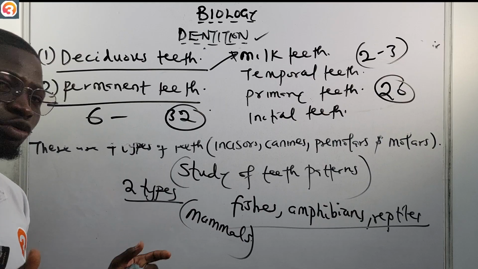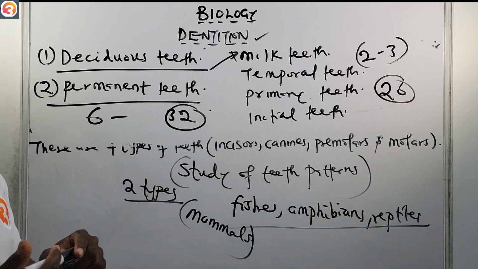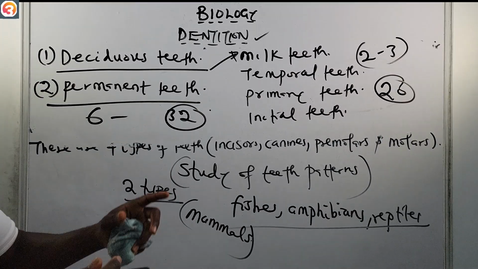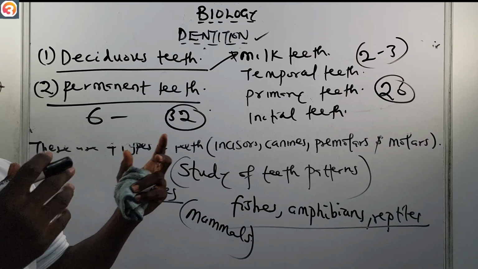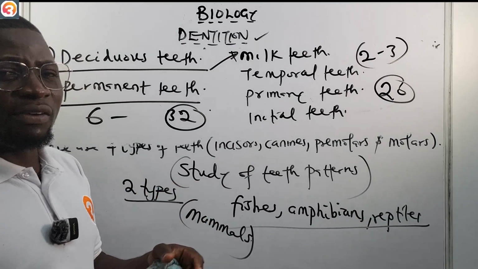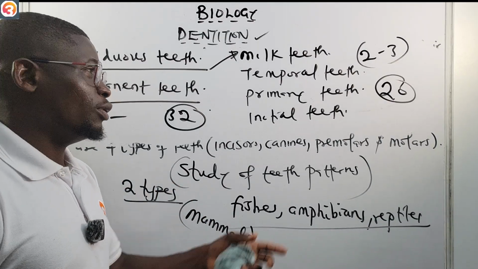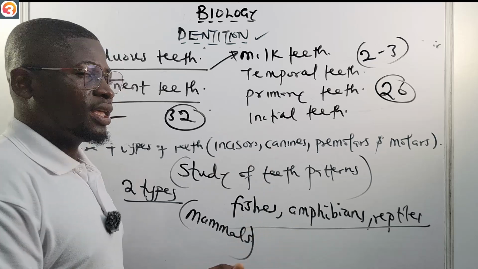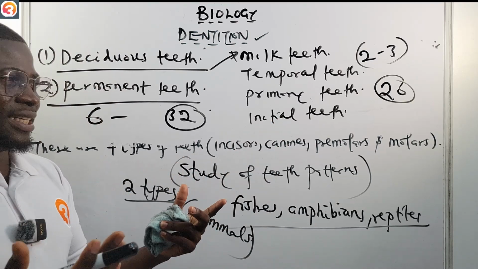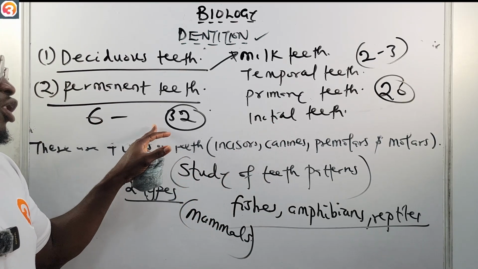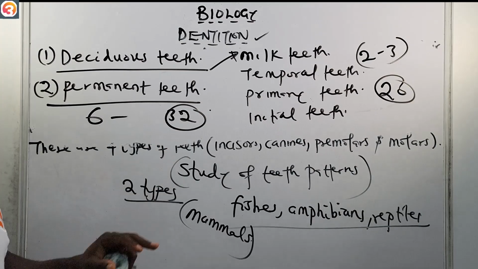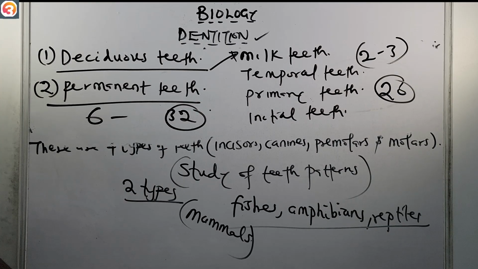You say that we have 2 sets of teeth. The milk teeth, which are 20 in number, and the permanent teeth that are 32 in number. If they say infant, talk about 20 teeth for a baby, but for an adult, talk about 32 teeth. So take note of that.